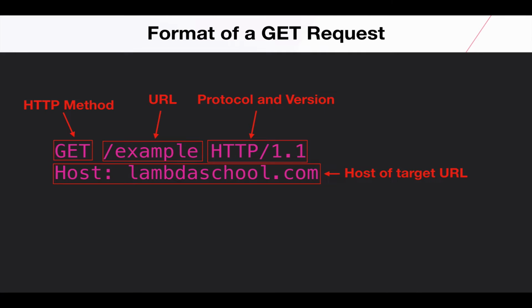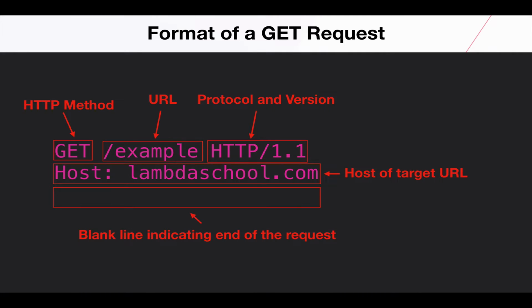Then the host, which is the domain of the target URL. Here we're basically just requesting lambdaschool.com/example. Lastly, when constructing the GET request, you need a blank line at the end indicating the end of the request, which will basically take the form of a new line, so \n in this case.